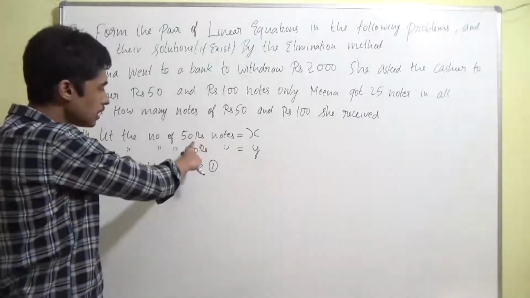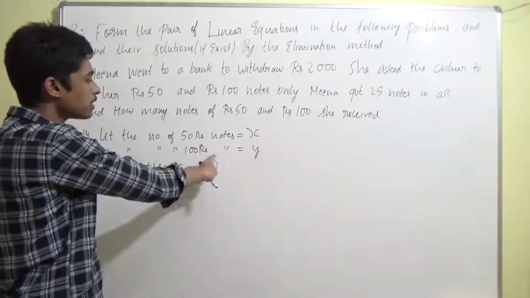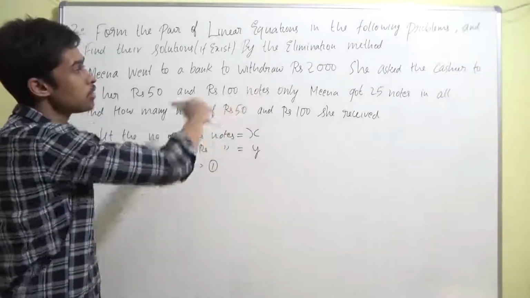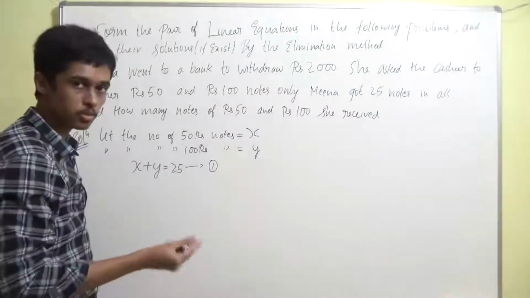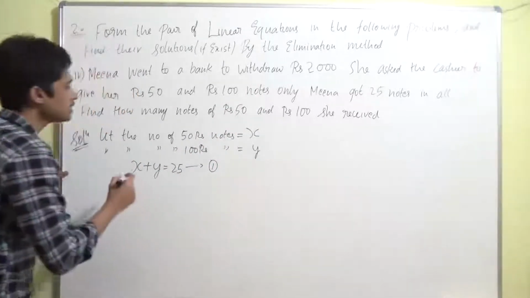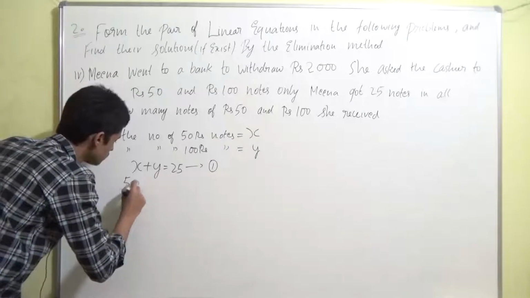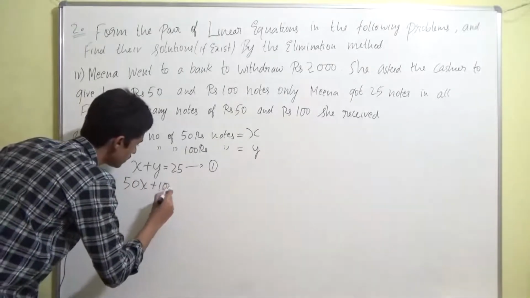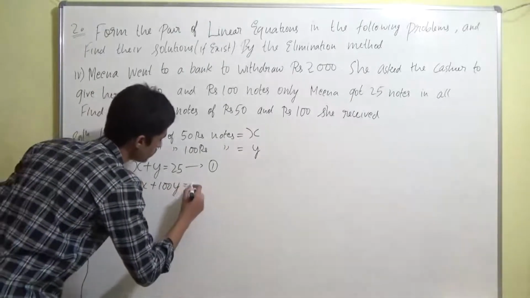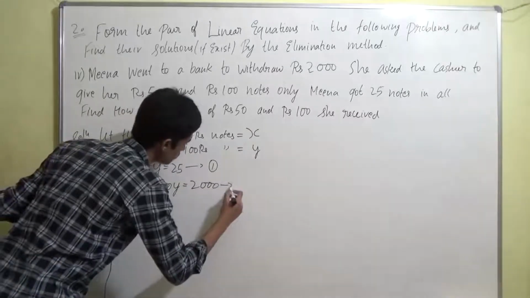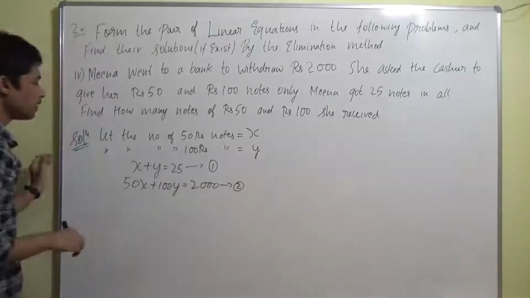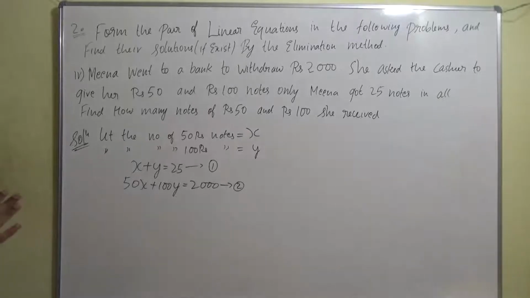And 50 into x plus 100 into y gives us 2000 rupees, because finally she is having 2000 rupees in her hand, which means 50 into x plus 100 into y equal to 2000. This is equation 2. Now we have to solve these two equations and find the values of x and y. That will give us the number of notes of 50 rupees and 100 rupees she received.